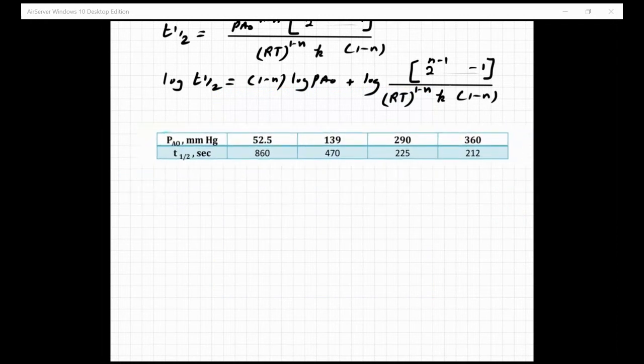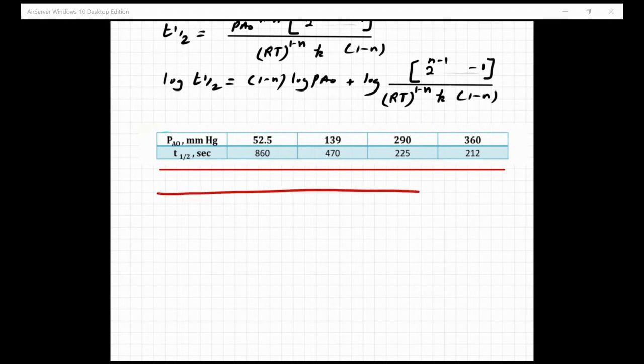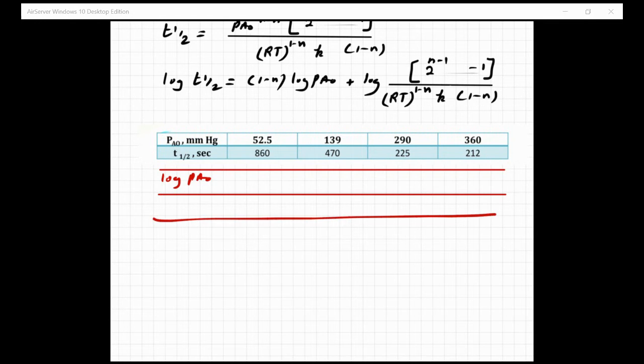The equation is telling me to plot log T half versus log PA naught. It means I will have to calculate log PA naught and also log T half, so I will write it here.